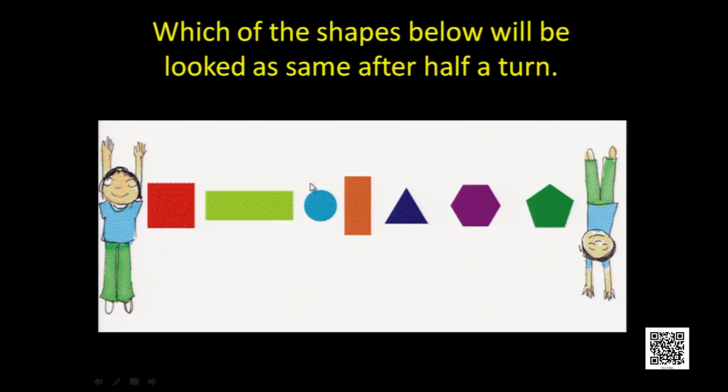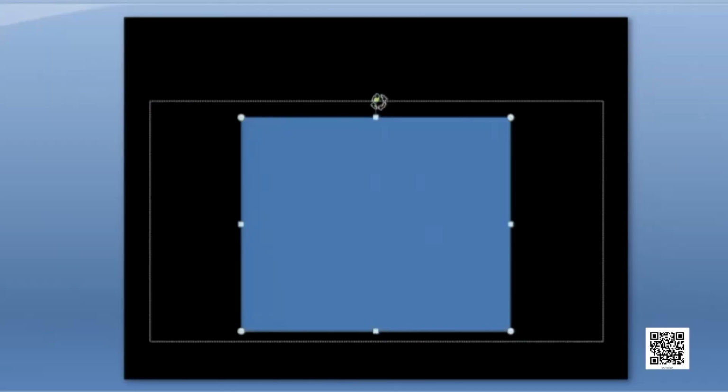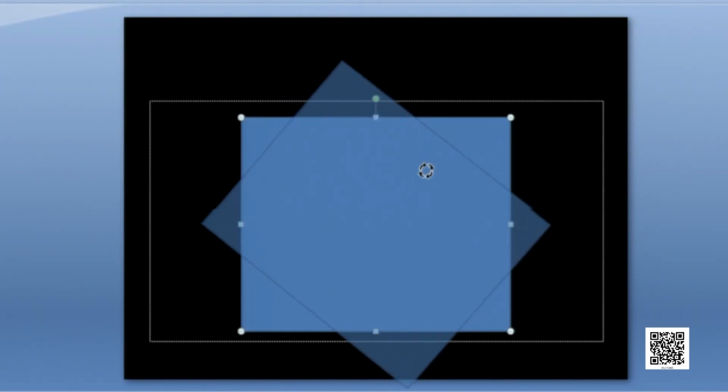In the case of a triangle, here you see, this vertex will come downwards on a half turn. So it does not look the same. Now you see I am taking this case of the square. Now I am rotating it 180 degrees.